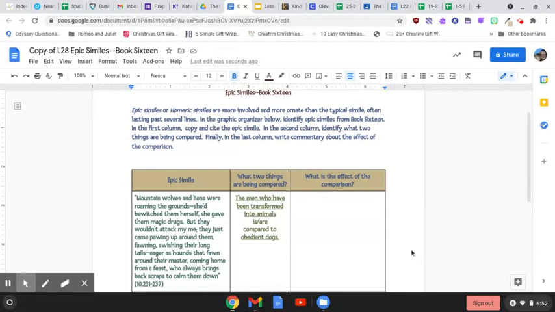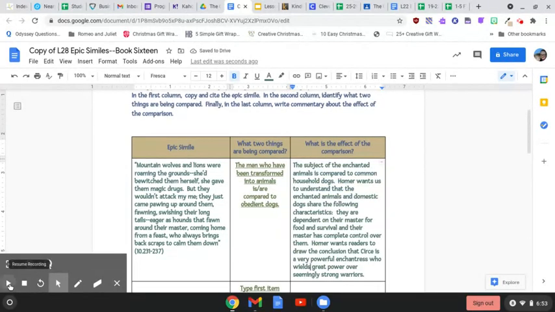Basically, so this is what is suggested. The subject of the enchanted animals is compared to common household dogs.